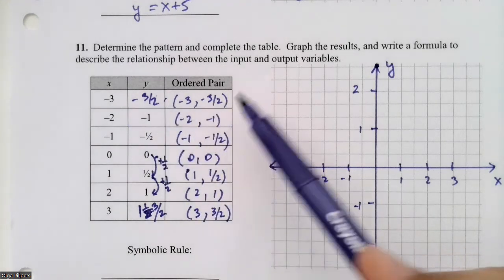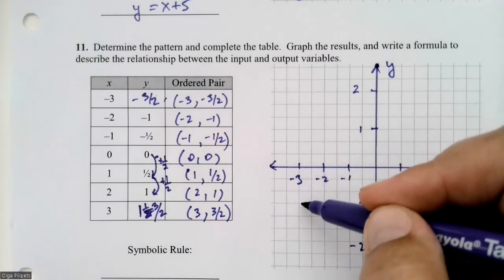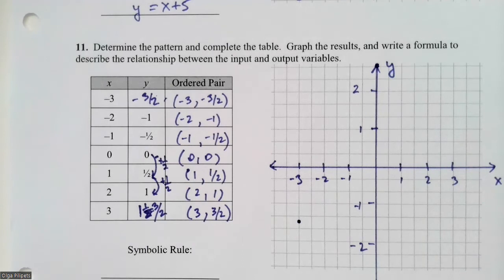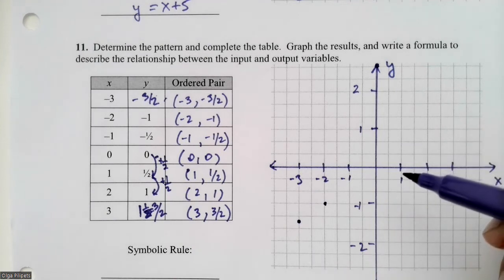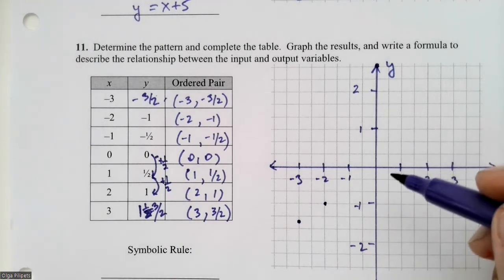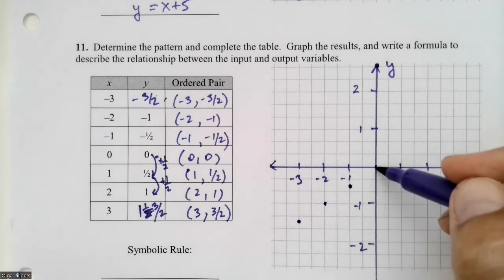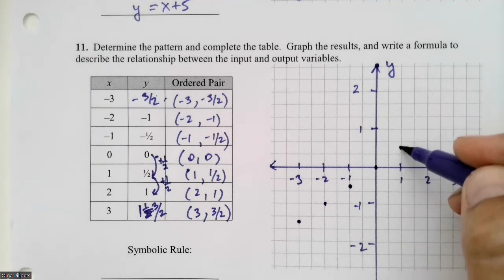Okay, so my first point is negative 3, negative 3/2. So 3/2, remember it's 1 1/2. So it's going to be right there. The next one is negative 2, negative 1. The next one is negative 1, negative 1/2, and then 0, 0, and then 1, 1/2.